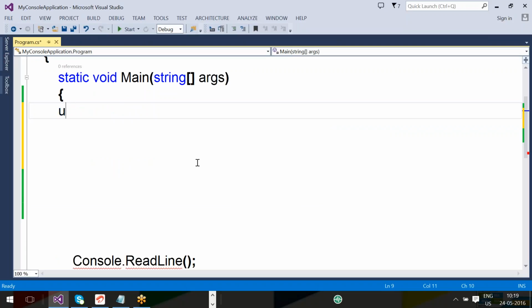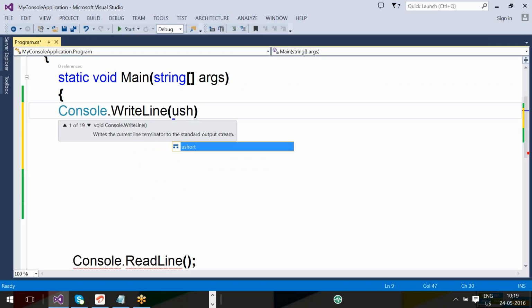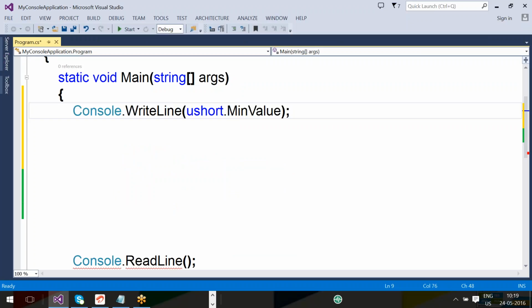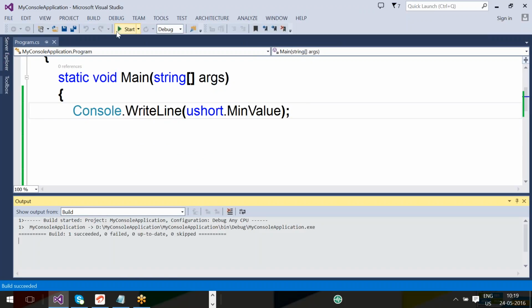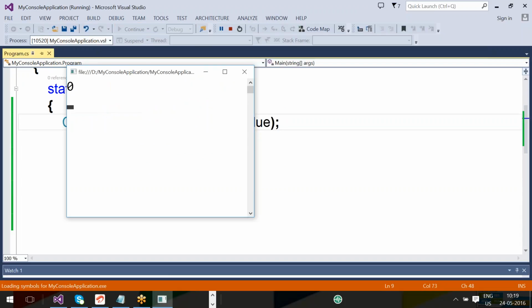Min value, max value. You can check like this: Console.WriteLine(ushort.MinValue). What is the min value of U short? Zero. Any unsigned numerical data type you take, the min is 0 only.